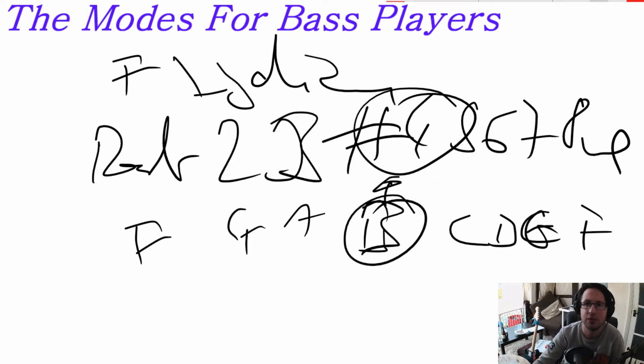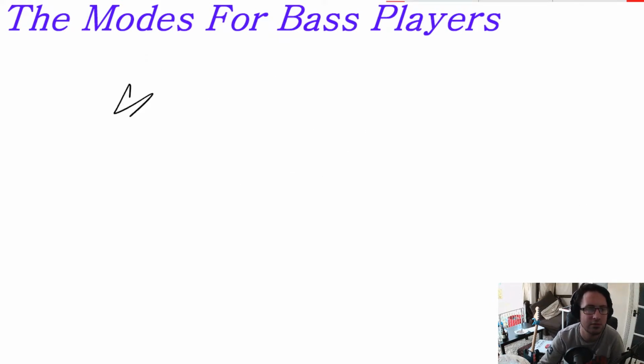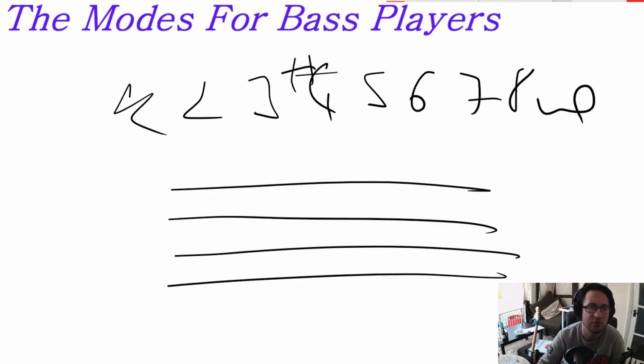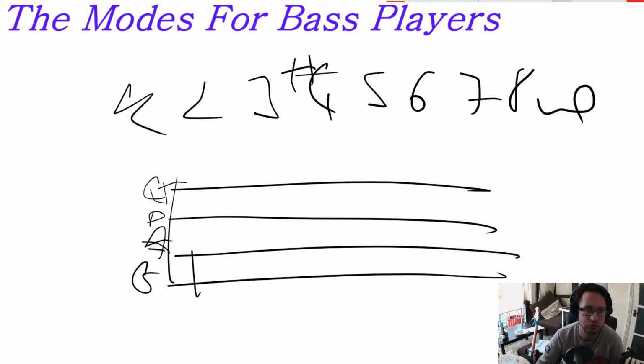Okay. So we'll write out the formula again. Root, second, third, sharp 4, fifth, 6th, 7th octave. And the scale will look like this on the bass. E, A, D, G. 1, 2. Need to get all the frets in there now.